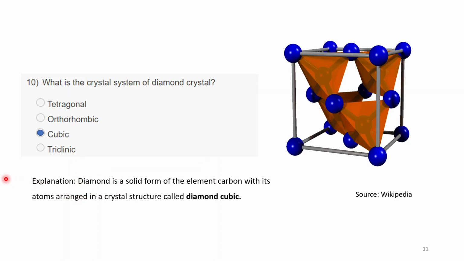Diamond is a solid form of the element carbon with its atoms arranged in a crystal structure called diamond cubic. So this is what the crystal structure looks like. These carbon atoms are also kept in tetrahedral voids and on the face centers of your cubic structure.